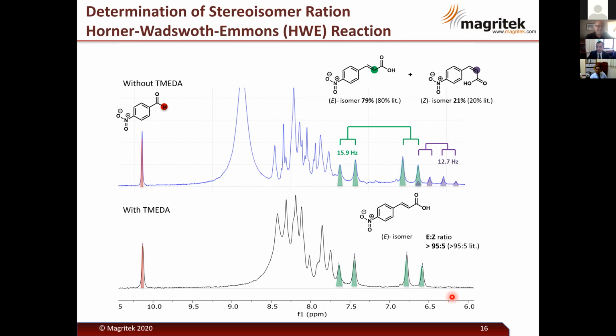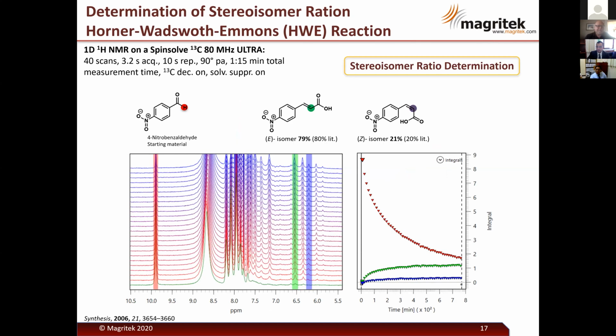So this example was monitored on our 80 megahertz Ultra, and it demonstrates the use of the benchtop NMR system to not only follow the course of the reaction during the online monitoring experiment, but also to study the chemical or stereochemical outcome of this type of reaction.